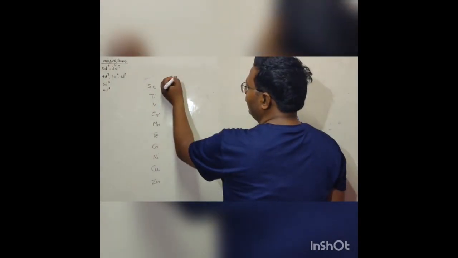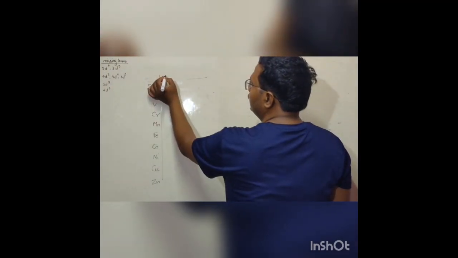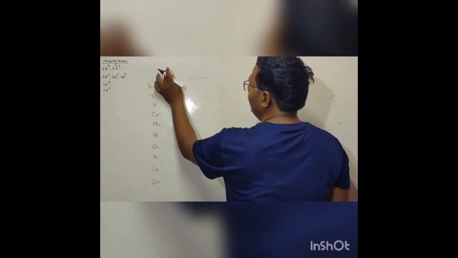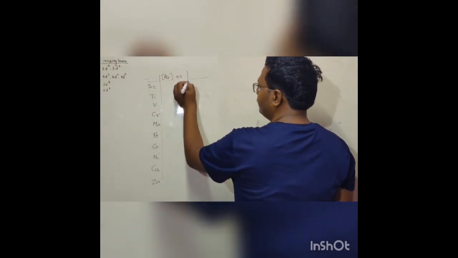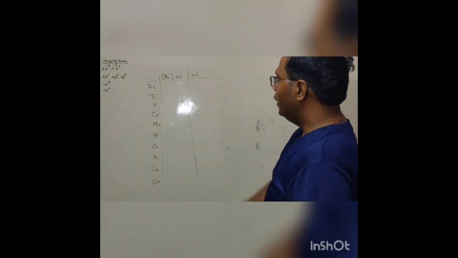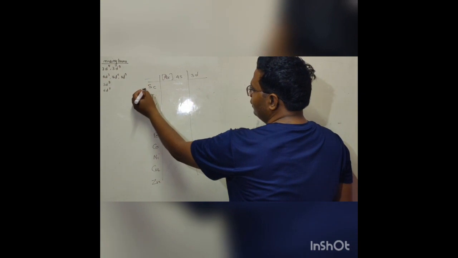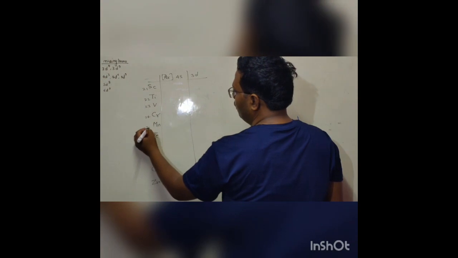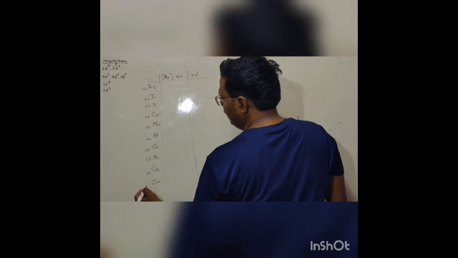When we find the electronic configuration, let us plot 4S and then 3D, where the inert gas is argon, then 4S, and finally 3D. When we make the configuration, accordingly we will fill the electrons in the D subshell first. Scandium has atomic number 21, then 22, 23, 24, 25, 26, 27, 28, 29 and 30.